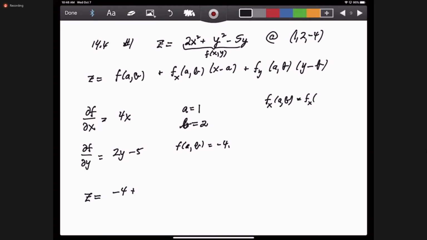So fx of (1, 2), right? A is 1, so that would be 4. And fy of (a, b) would be fy of (1, 2). So that would be 2 times 2 minus 5, or 4 minus 5, which is -1.